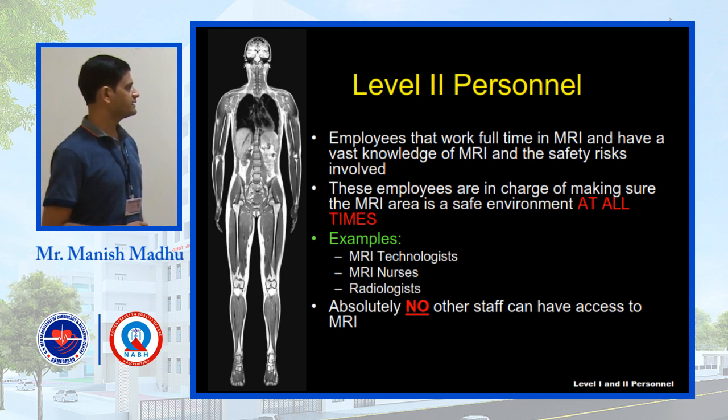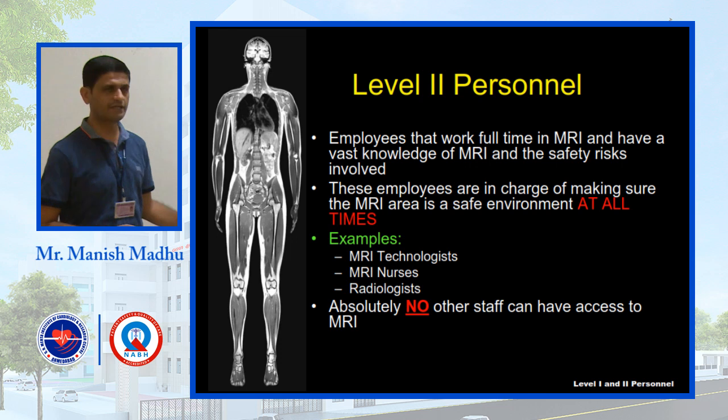These employees are in charge of making sure the MRI area is a safe environment at all times. Examples: MRI technologists, MRI nurses, radiologists. These people are aware of MRI safety. Absolutely no other staff can have access to MRI.